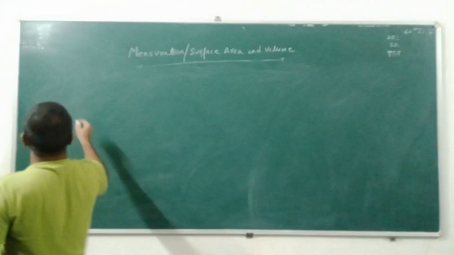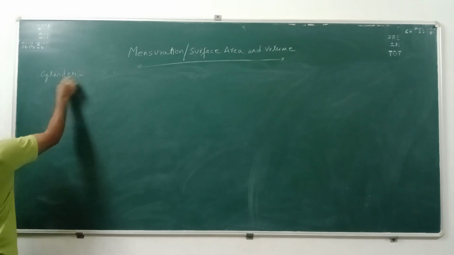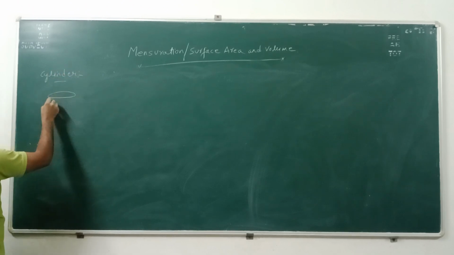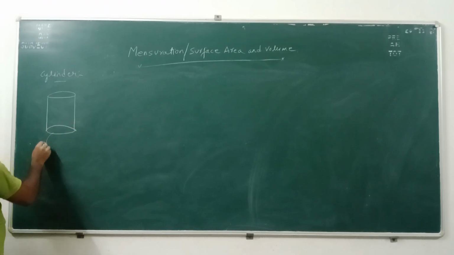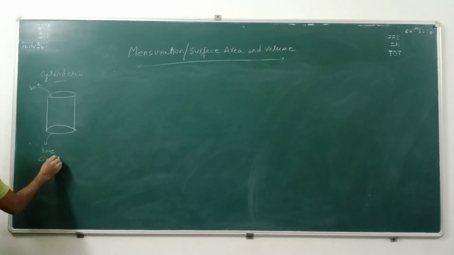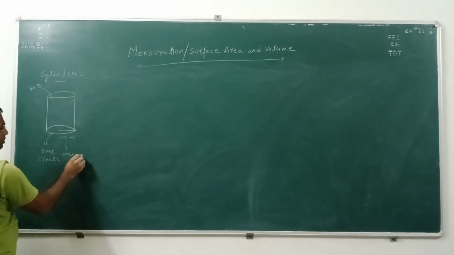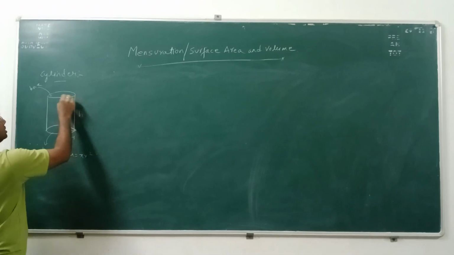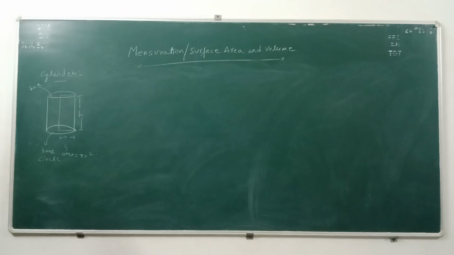Okay, now see the cylinder. The cylinder is of the shape like this. In it, this one can be a base and this one can be a base, and the base is a circle. A circle has radius and area pi r square, and this is the height of the cylinder.